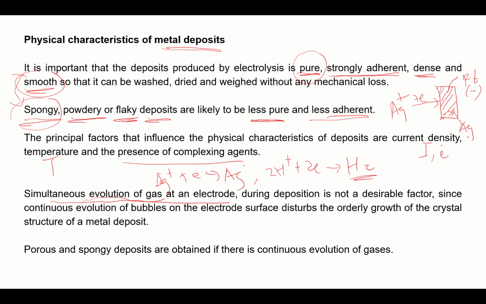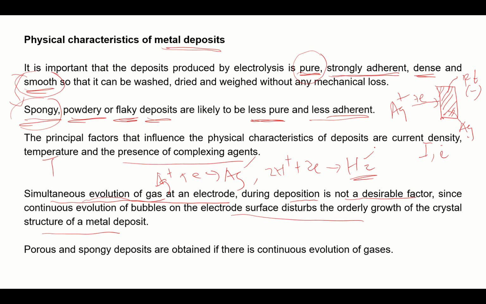Your target is to produce silver metal, but at the same time, hydrogen also wants to reduce on the platinum surface. During deposition this is not a desirable factor, since continuous evolution of bubbles on the electrode surface will disturb the orderly growth of the crystal structure of the metal deposit.